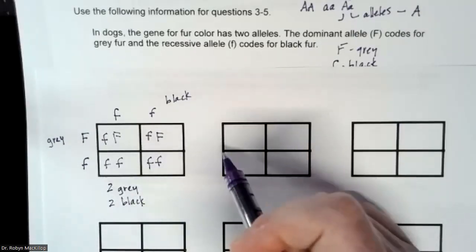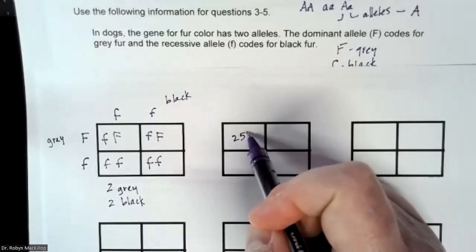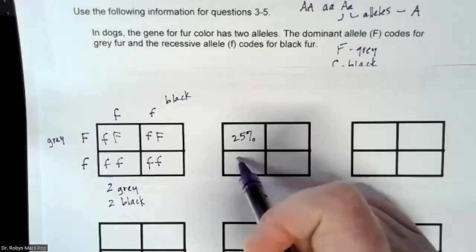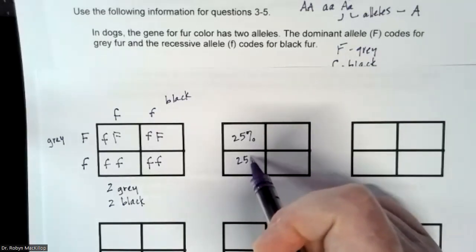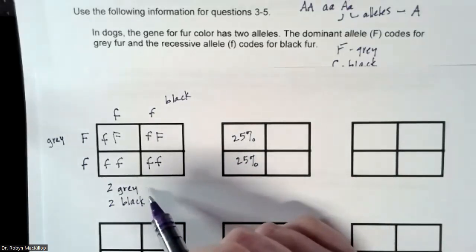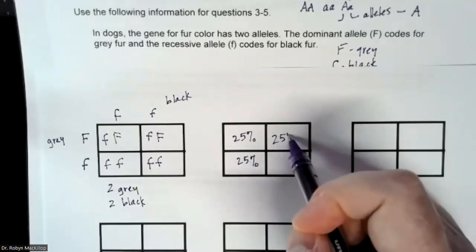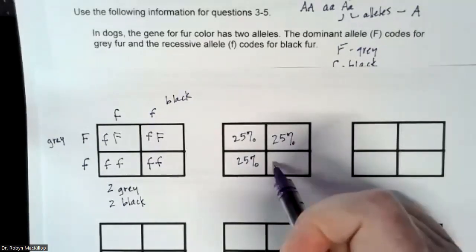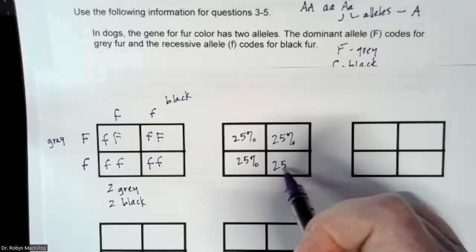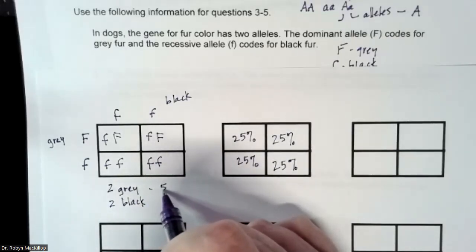And each one of these squares is 25%. This will be the question you get on the test: what percent of puppies are gray? 50. Yes, because a Punnett square always equals 100%, and each square is 25%.